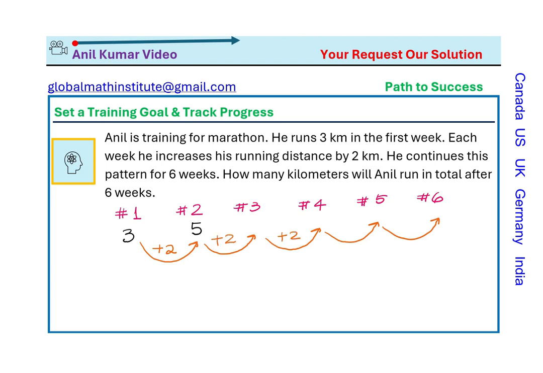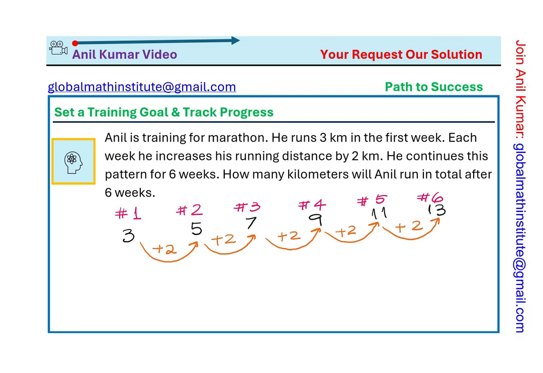So you can now write down the number of kilometers Anil is going to run each particular week. From 3, it becomes 5, 5 plus 2 is 7, 7 plus 2 is 9, 9 plus 2 is 11, and then 13. So the question is how many kilometers will Anil run in total after 6 weeks?